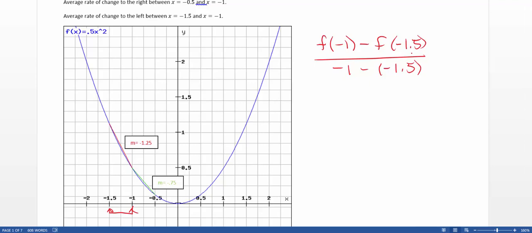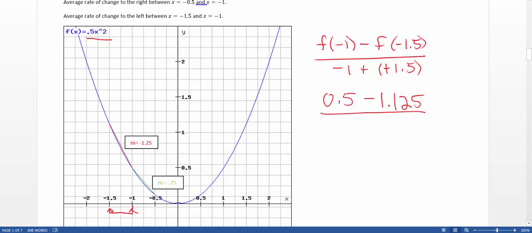We're doing this rate of change to find what's going on here. So we said f of -1, we're going to plug in again to the function here, is going to give us 0.5 minus 1.125 divided by, now on the bottom we have -1 minus -1.5.